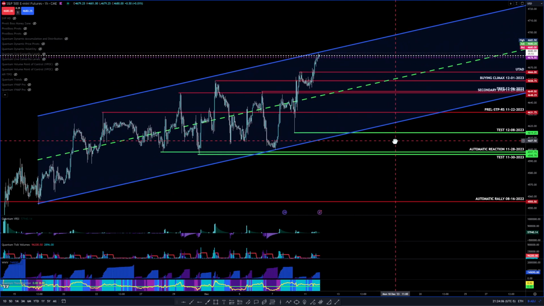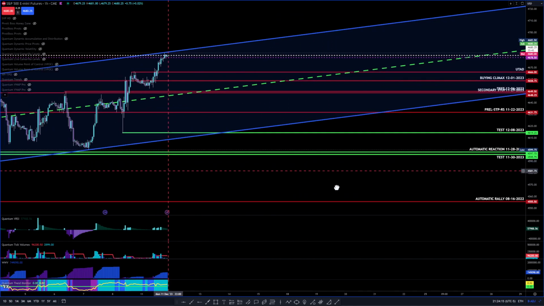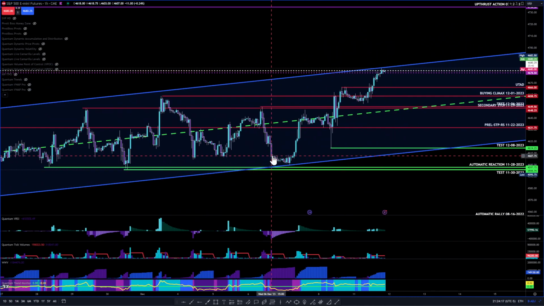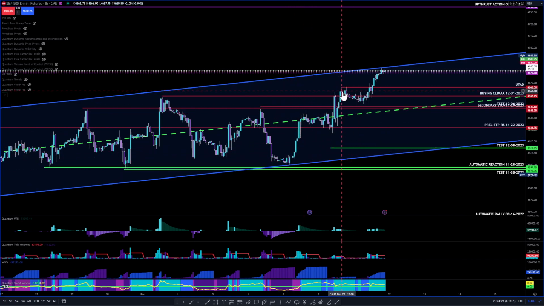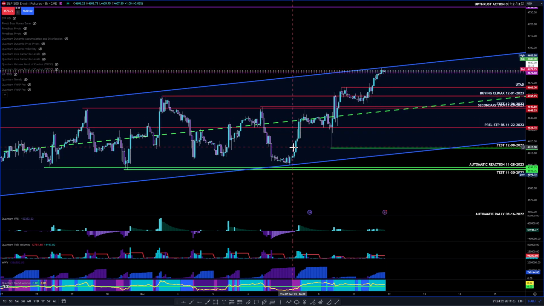Looking at this here, it's definitely looking bullish. We got a slight little pullback here, kind of curvatures in these pullbacks and some big breakouts. Kind of curvature here again. A little breakout here, not as big as this one.